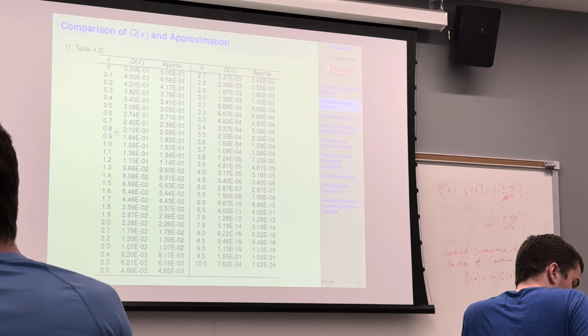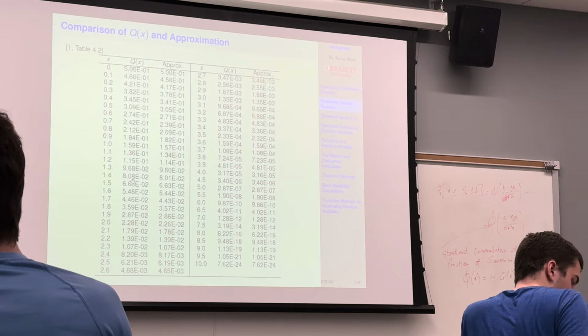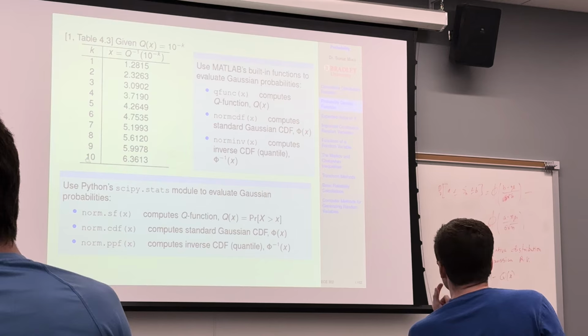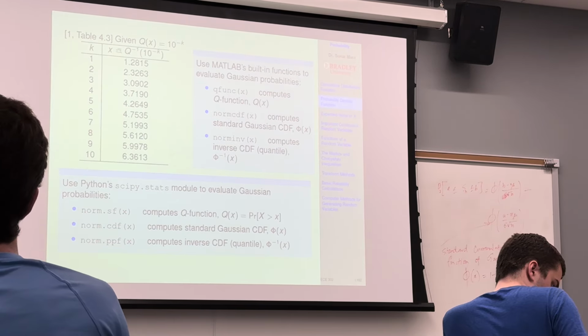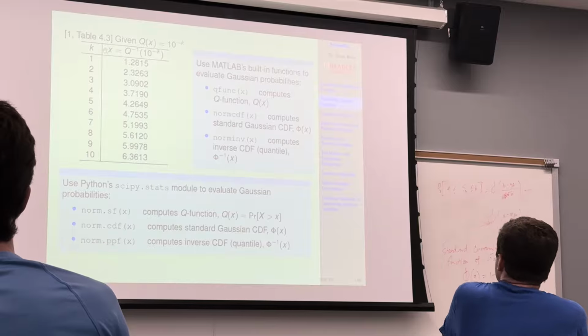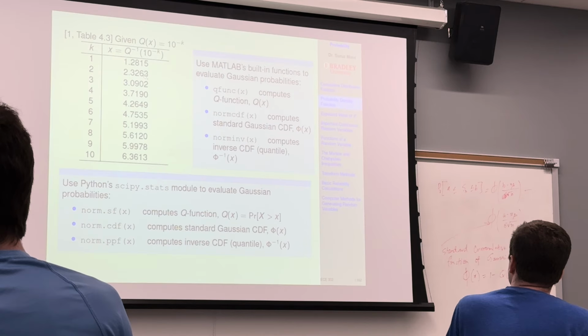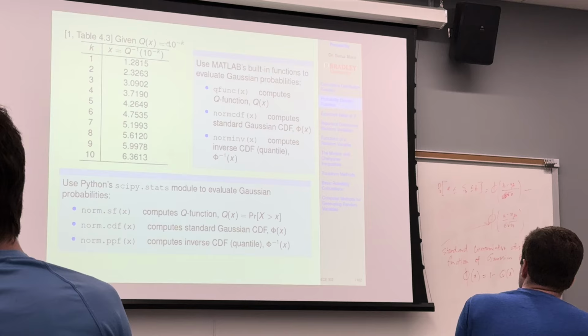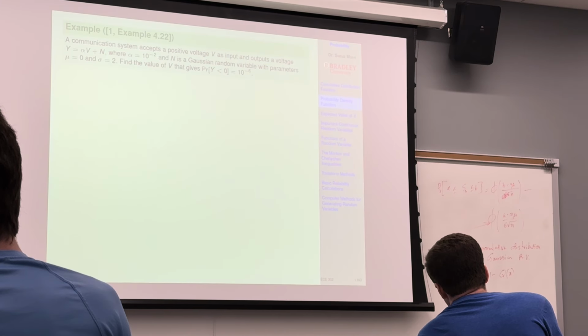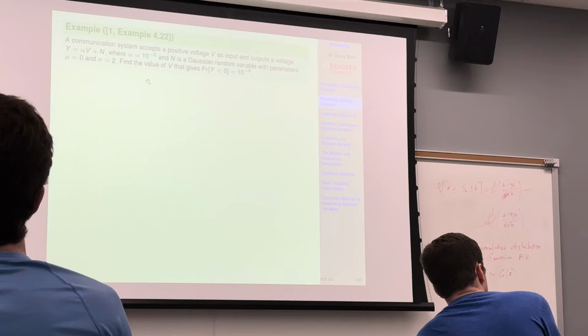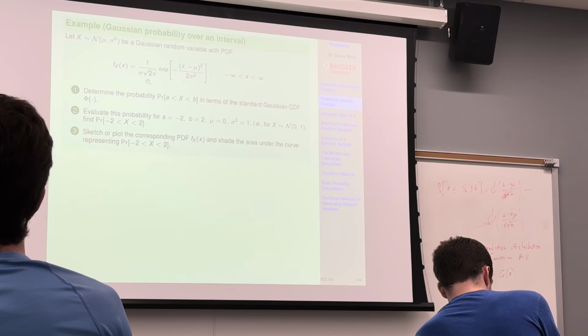In case you have x, you find the approximate Q(x). And if you are given Q(x) in the form of 10 to the negative k, you can directly find x from this table. I went through this example in class.